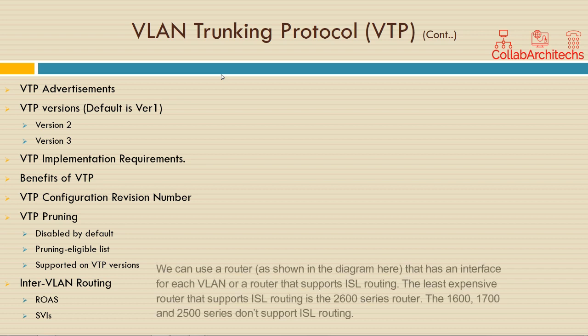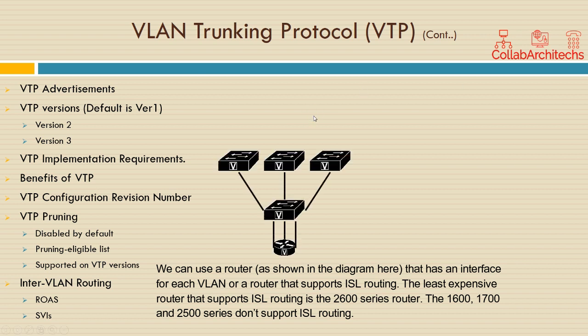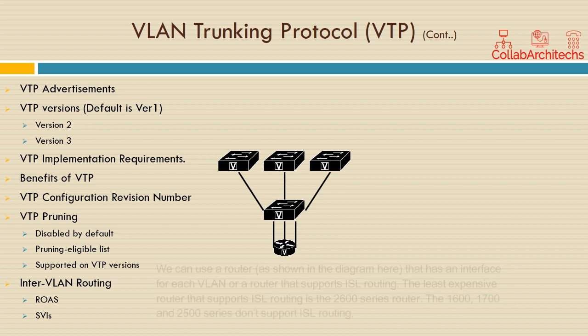We can use a router, as shown in the diagram here, that has an interface for each VLAN, or a router that supports ISL routing. The least expensive router that supports ISL routing is the 2600 series router. 1600, 1700 and 2500 series routers don't support ISL routing.